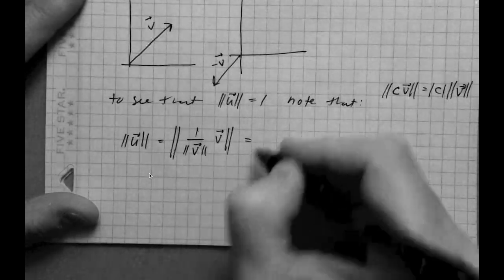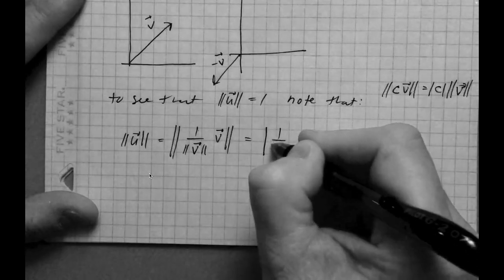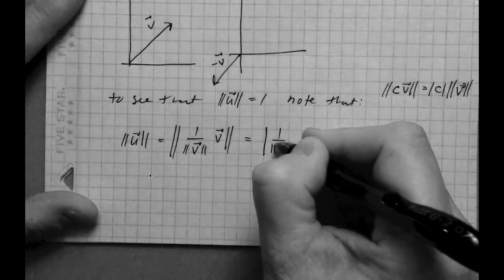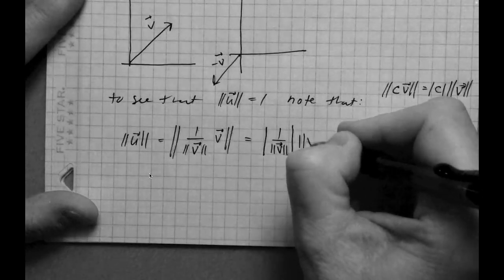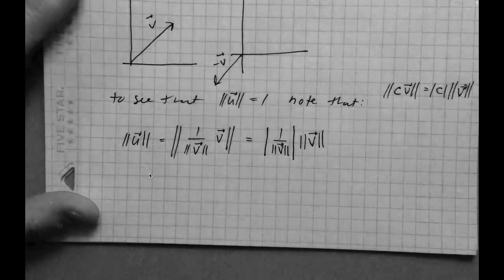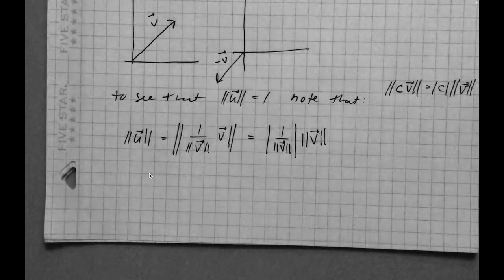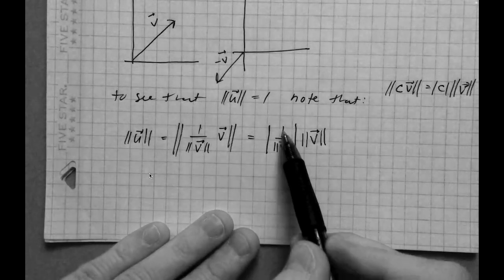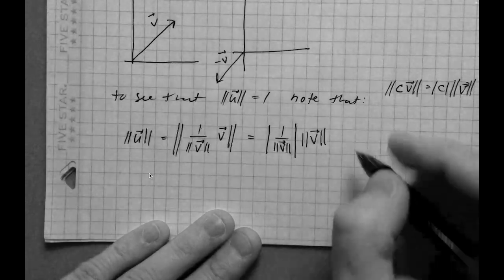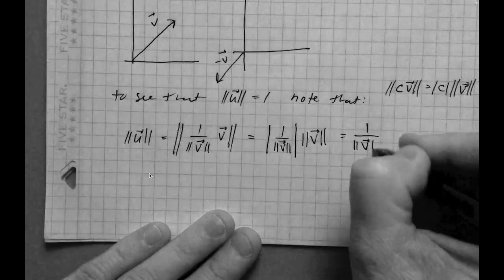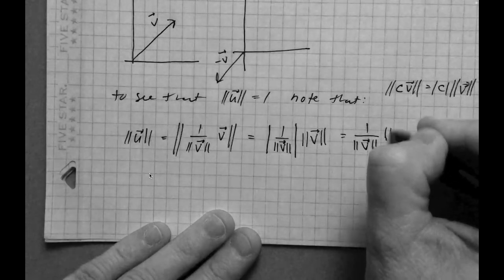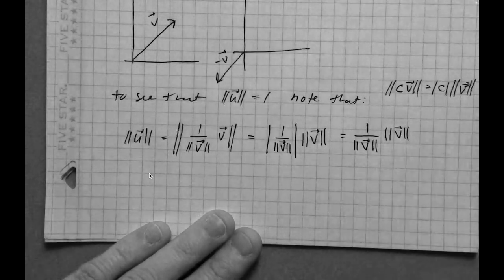So it'll be the absolute value of 1 over the norm of v, times the norm of v. Now, 1 over the norm of v is positive, so we don't need the absolute values. So this is just 1 over the norm of v times the norm of v.